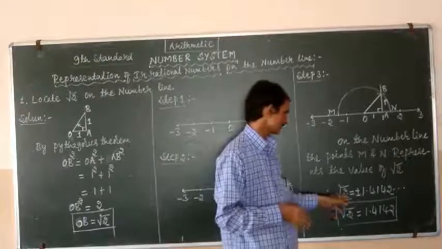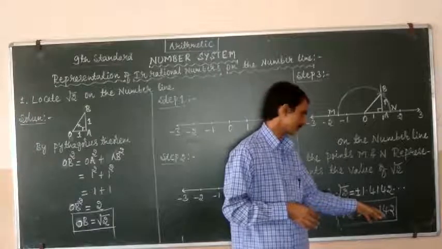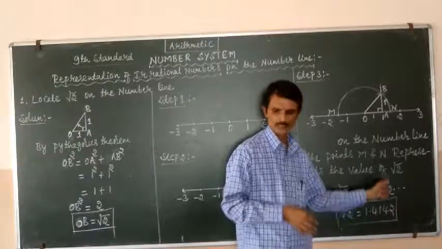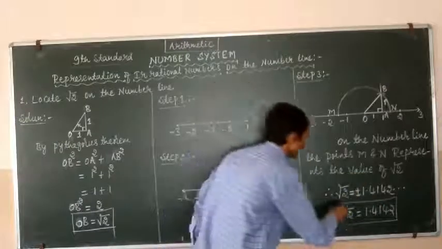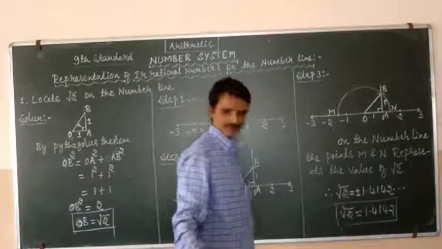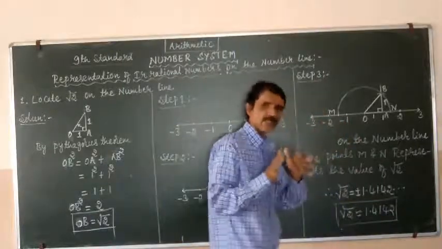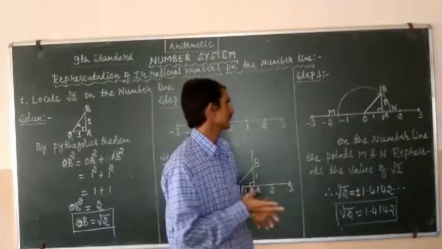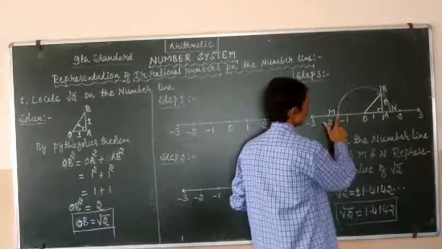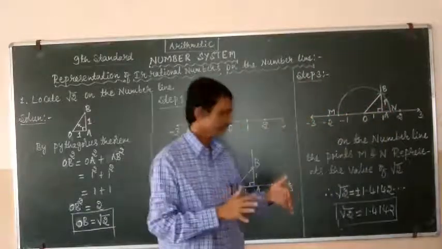Therefore, the value of root 2 is taken as approximately equal to 1.4142. So I have explained how to represent both the positive and negative values of root 2.